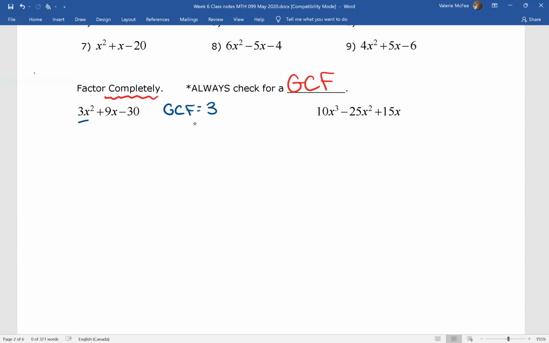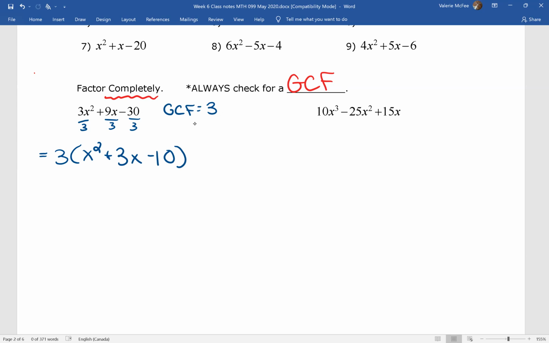So we want to divide each term by the greatest common factor. But then you see inside the brackets, there's a quadratic trinomial that we need to factor. So we follow the steps.